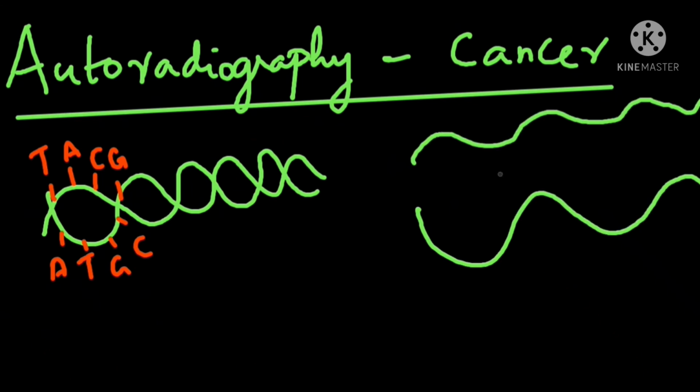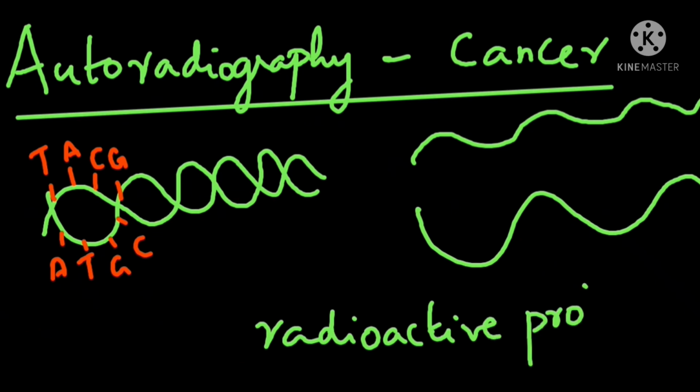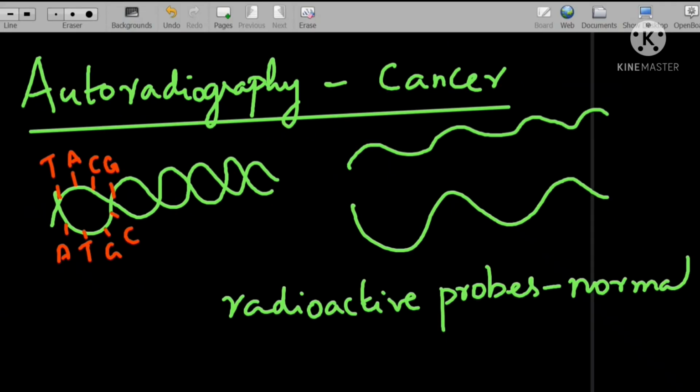They already have radioactive probes for normal genes that might be complementary to the base pairs present on the DNA strands. For example, here it is adenine, thymine, guanine, cytosine.